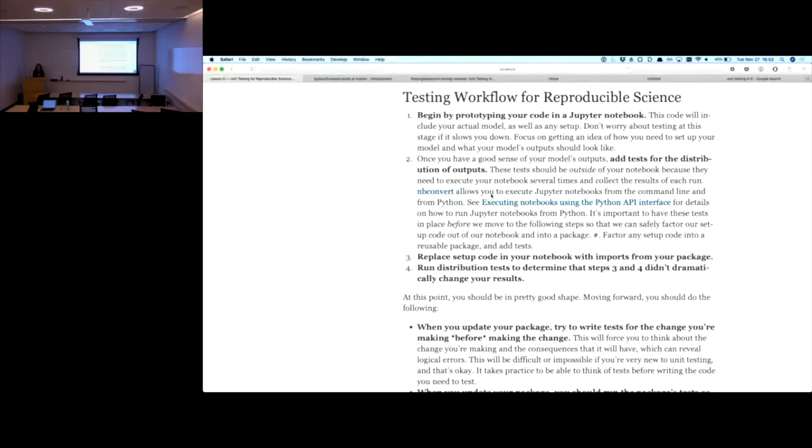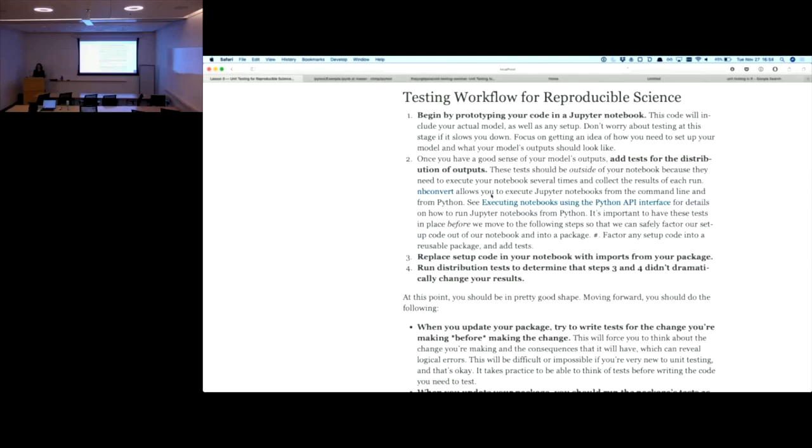This would be all the setup involved, like reading all the data, transforming all the data, setting up the actual model, executing the model, and outputting the results. In this stage, I would not be thinking about testing. I would just be thinking about getting my model set up.